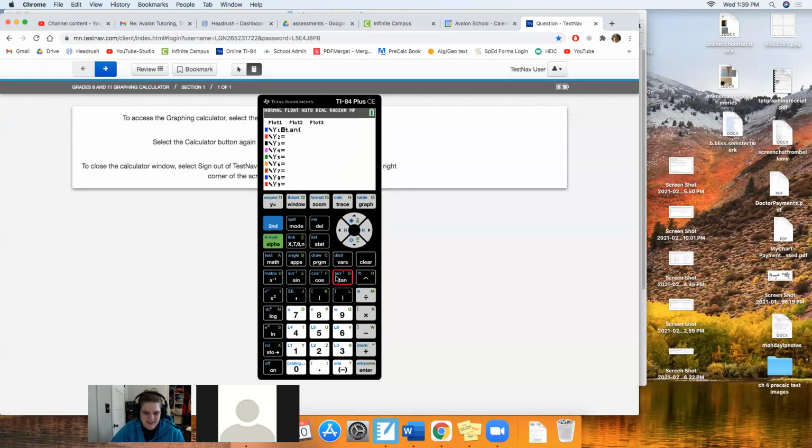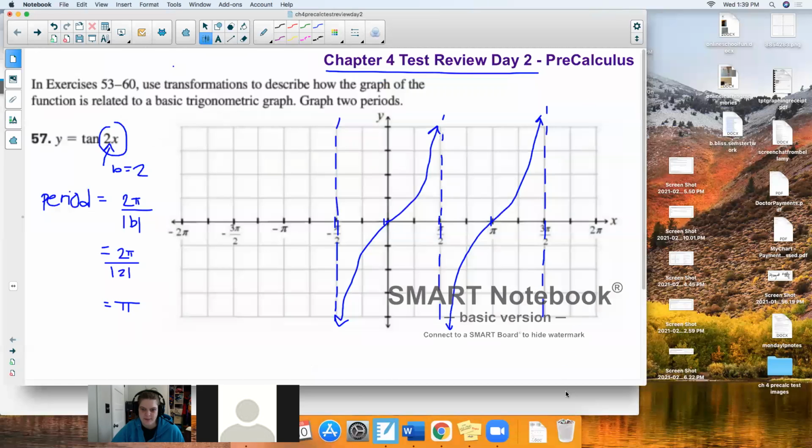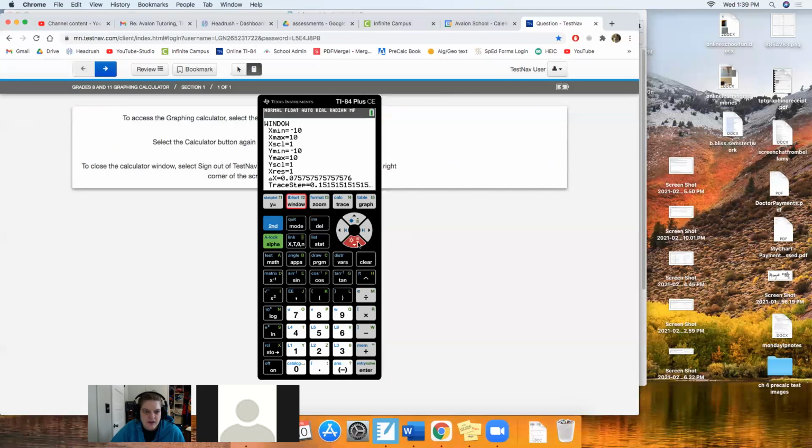So tangent of, well, I just want to do tangent of x because I just want the regular one. Ooh, and then I didn't do my window differently. What is my scale on this guy? Pi over 4, actually. So my x is negative 2 pi and 2 pi. And then my scale is pi over 4.